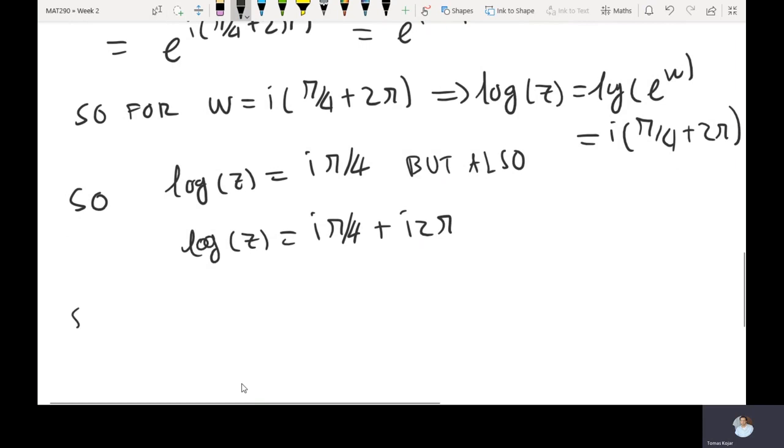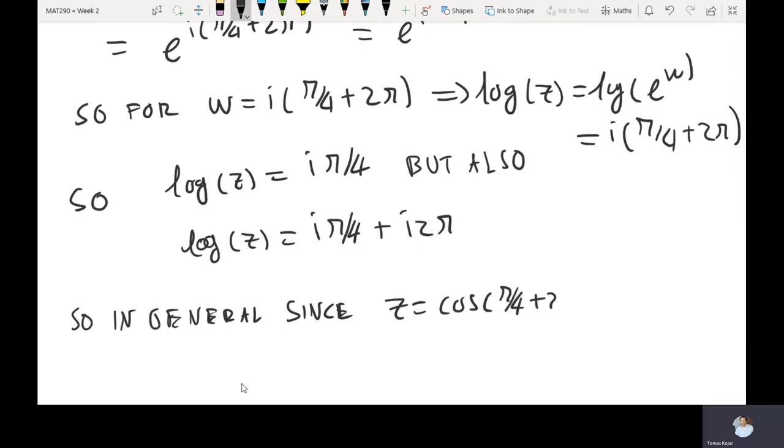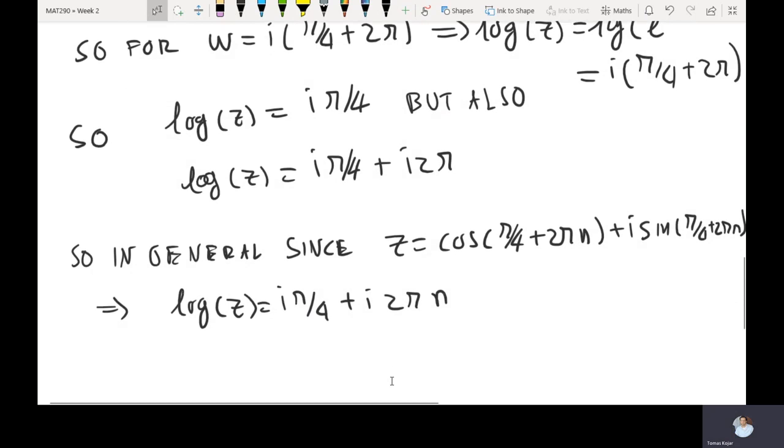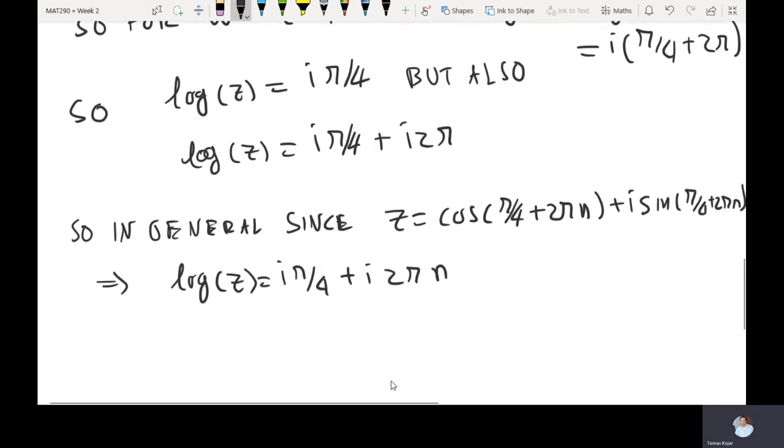So in general, since z is equal to cosine of pi over 4 plus 2 pi n, we get log of z is equal to i pi over 4 plus i 2 pi n. So hopefully something must look wrong to you.